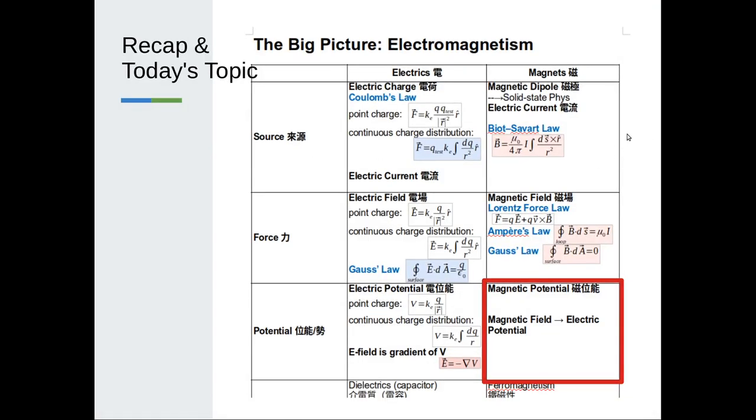Okay, and here's another difficult chapter. So finally we come to the potential energy for the magnetic field. And there are two kinds of potential energy that can create magnetic field.